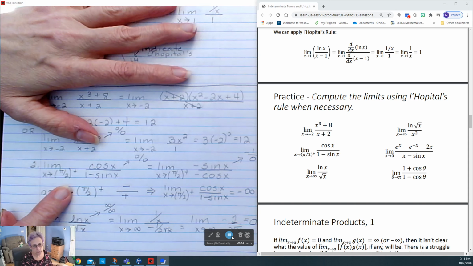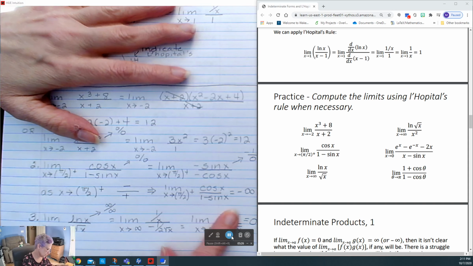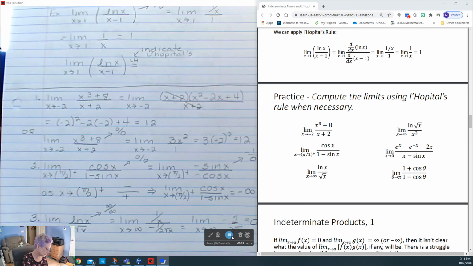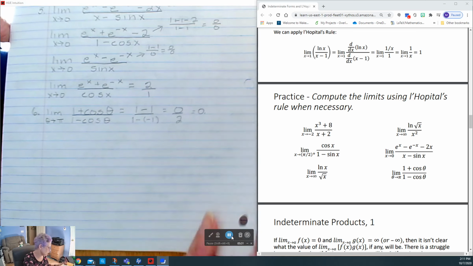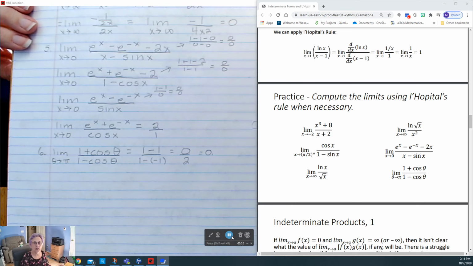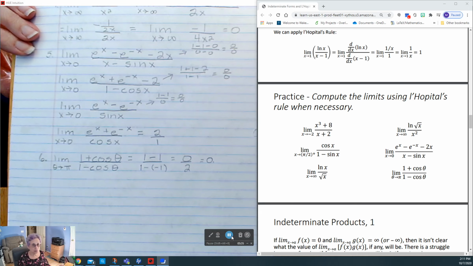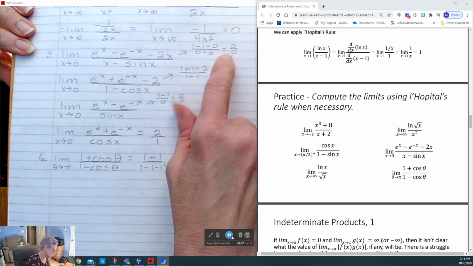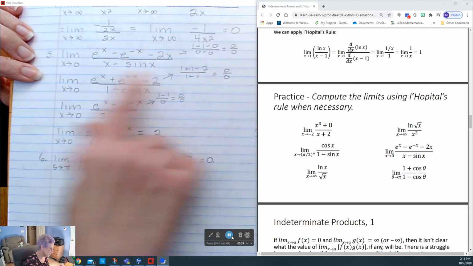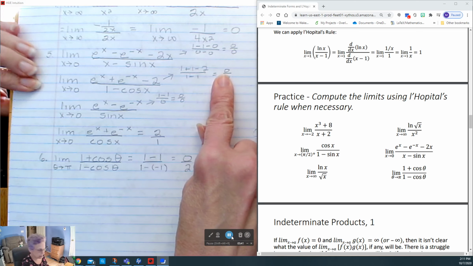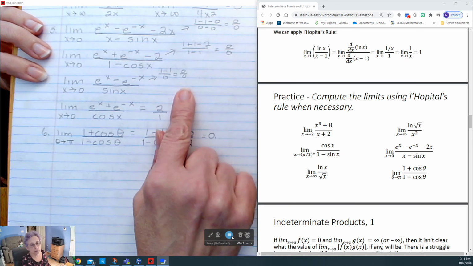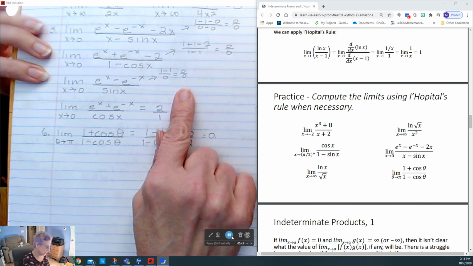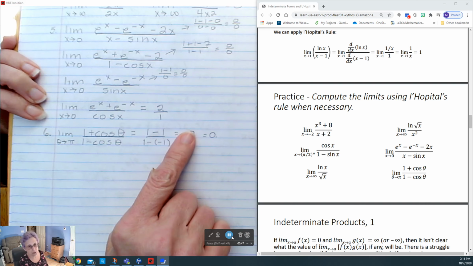Number 2, indeterminate form, straight out L'Hopital. Number 3, straight out L'Hopital. 4. 5, you had to L'Hopital more than once because we ended up with 0 over 0. We got 0 over 0 again. We got 0 over 0 yet again before finally getting 2.